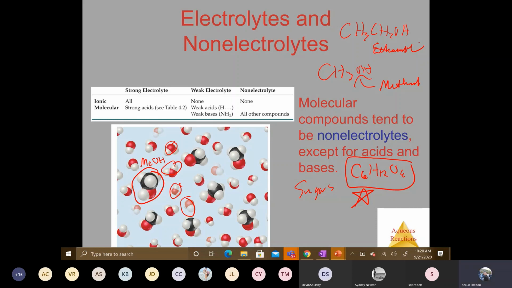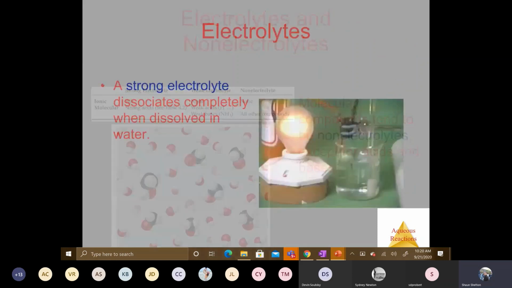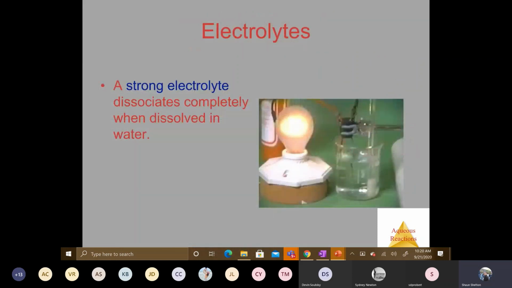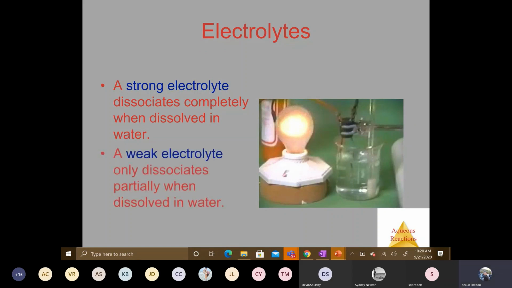All right, so that's enough for electrolytes today. I don't want to spend a ton of time on electrolytes. Strong electrolytes will make a light bulb go off very brightly. Weak electrolytes will make this light bulb very dim because they don't conduct electricity very well. Strong electrolytes conduct electricity very well.